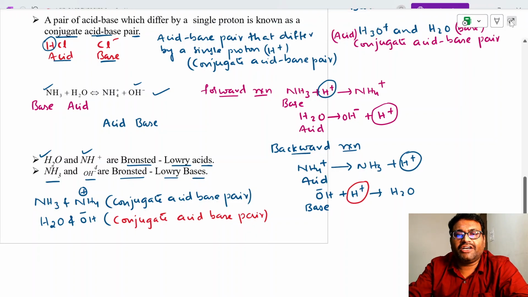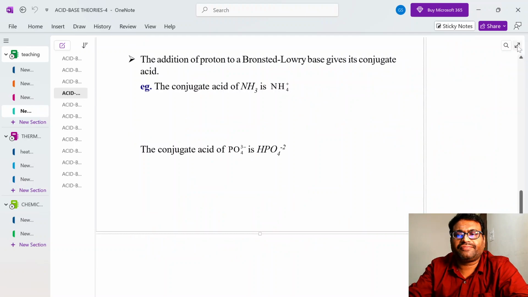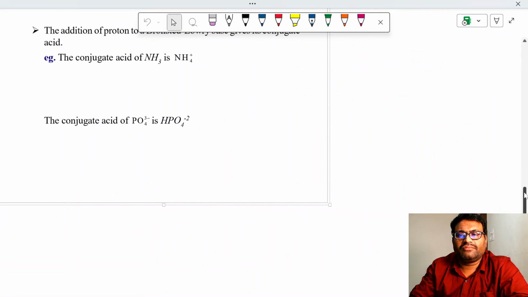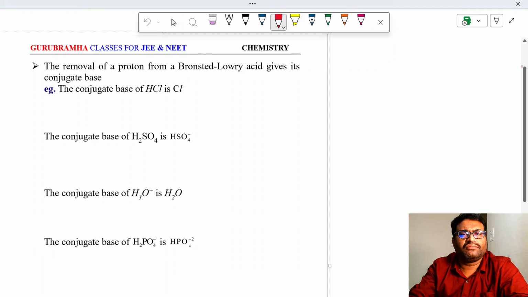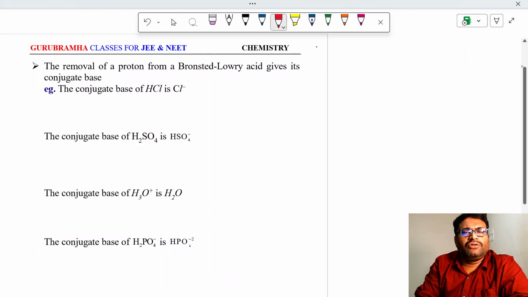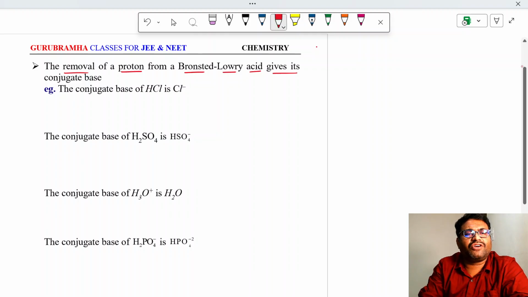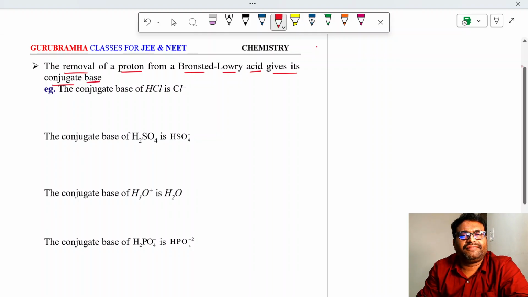Right? Let us see the next part. The removal of a proton from a Bronsted-Lowry acid gives its conjugate base. So the conjugate base of HCl is Cl minus. Let us take HCl. What is its conjugate base?